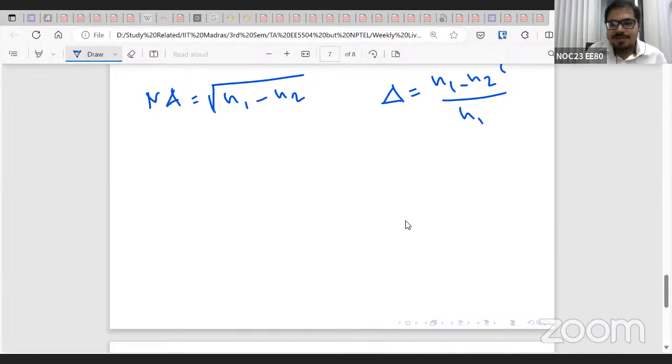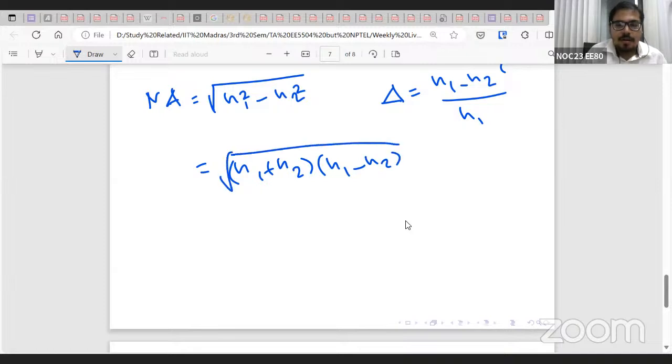So assuming that this is a small value, what you can do is a squared minus b squared, you can expand. This we will approximate as 2n1. Then we'll use n1 minus n2. And we want an n1 in the denominator.